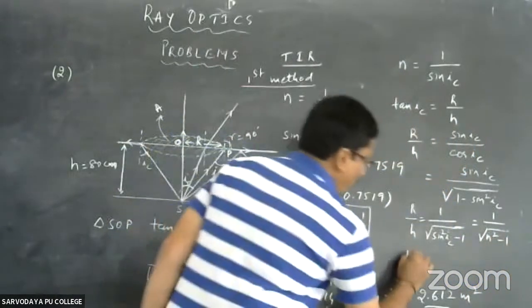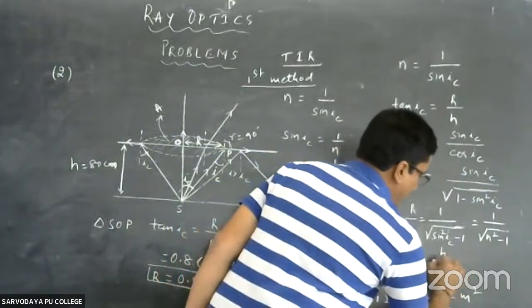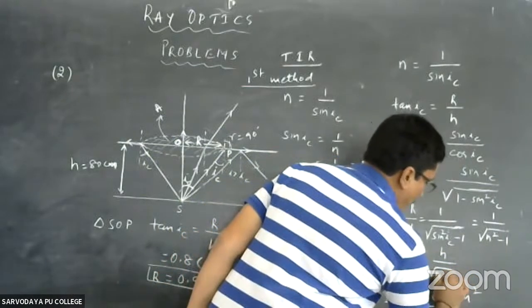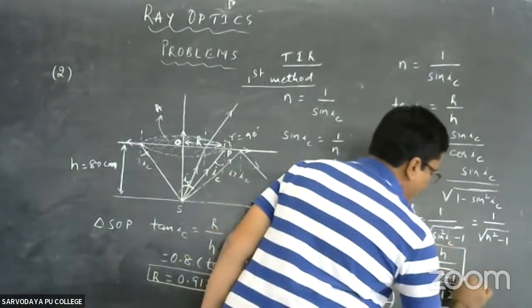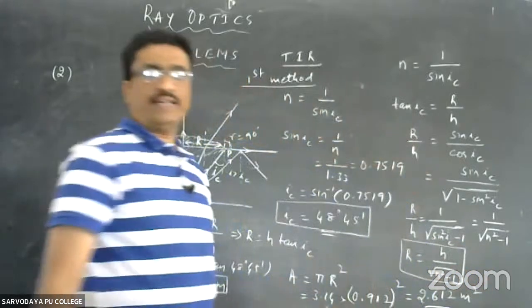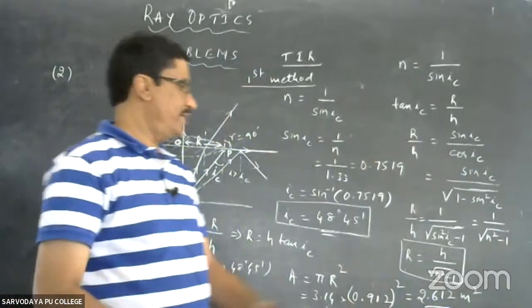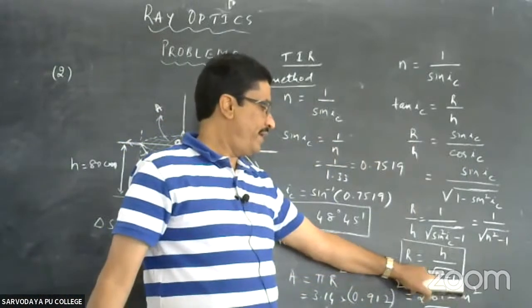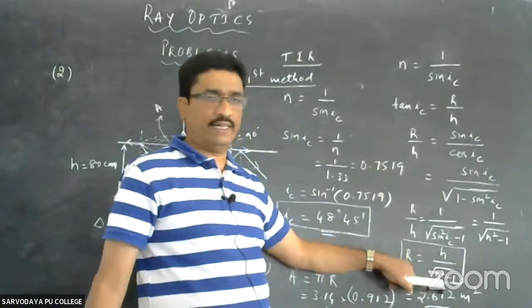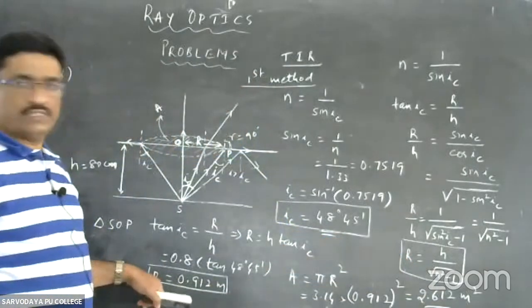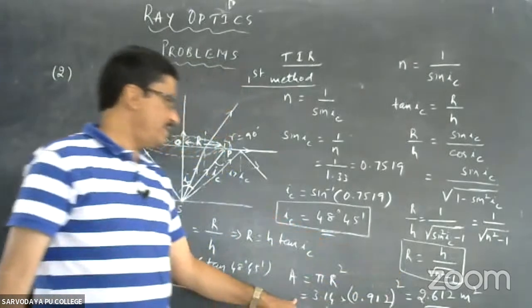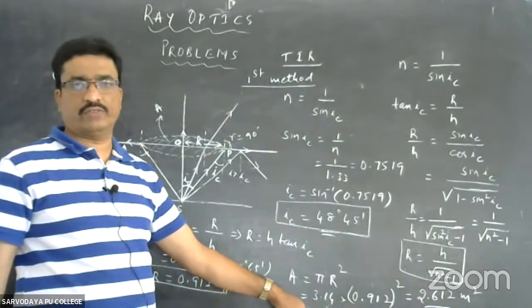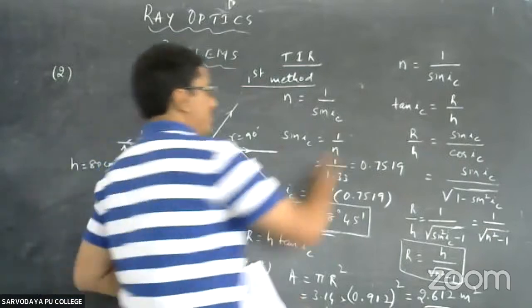Therefore, the formula for radius becomes h divided by root of n square minus 1. If the refractive index is given, you can directly substitute the n value here and find the radius. Directly you will get this value if you use this formula, and thereby you can easily find the area also.